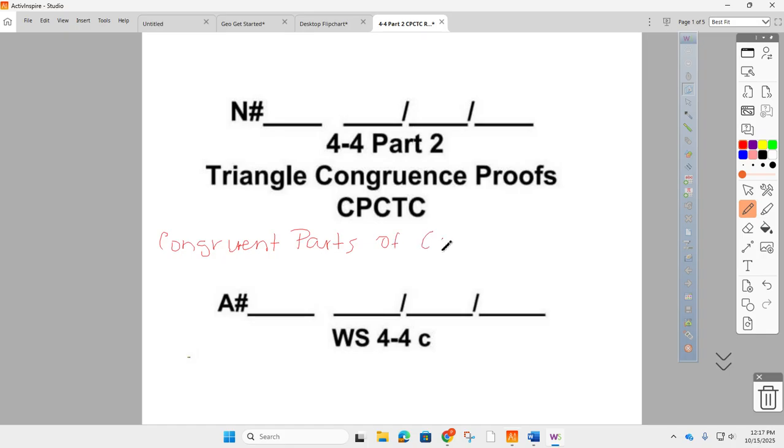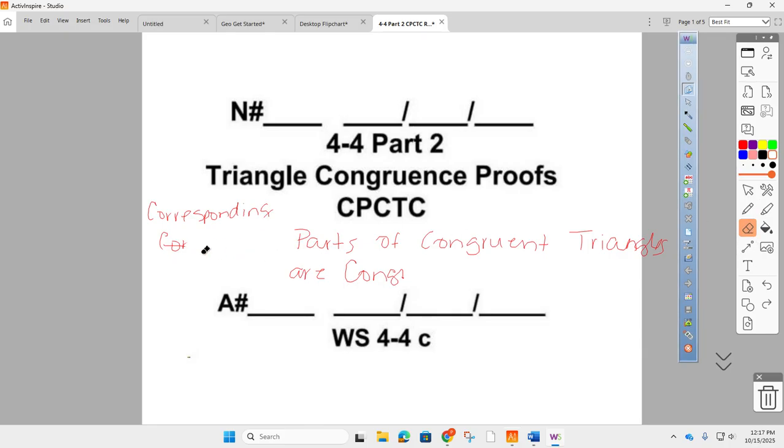Sorry, I think that should be corresponding parts, not details. Corresponding parts of congruent triangles are congruent. I didn't make that mistake in second period. I'll have to check with them.